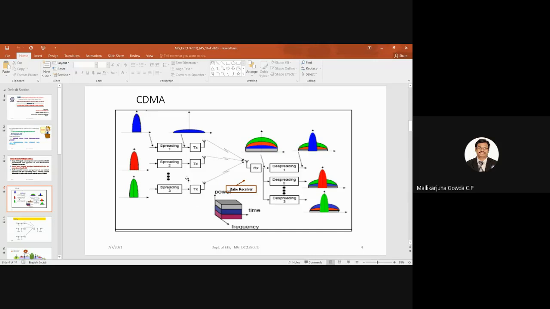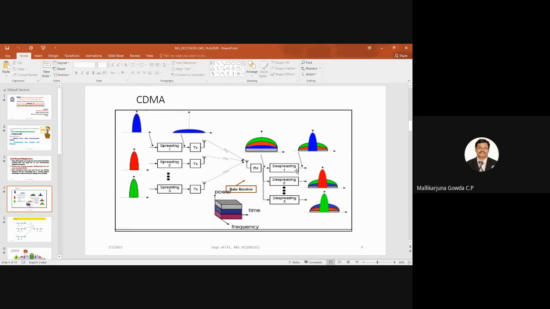So at the receiver side, every receiver will be able to get the signal. Of course, the type of receiver used is also mentioned here, that is a rake receiver. Then how do we get back to the concerned user? Whatever code I use, despreading is done first. Then the demodulation detector is done.